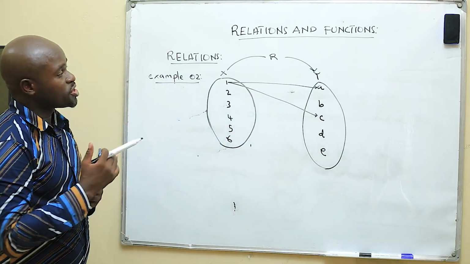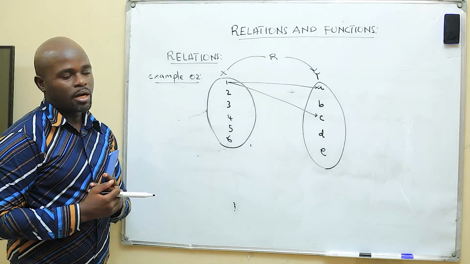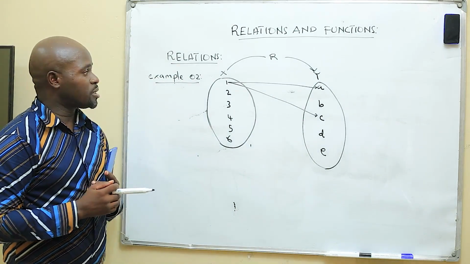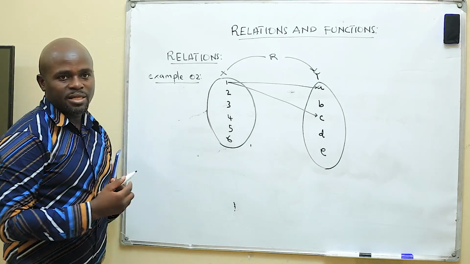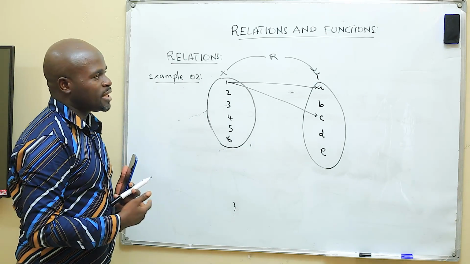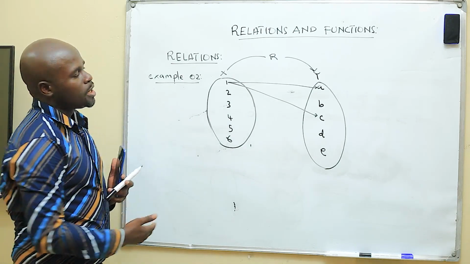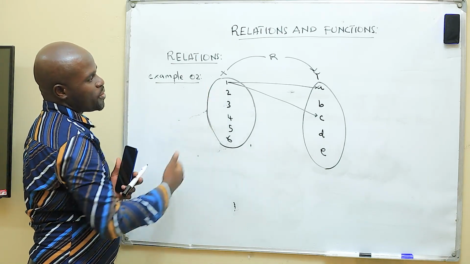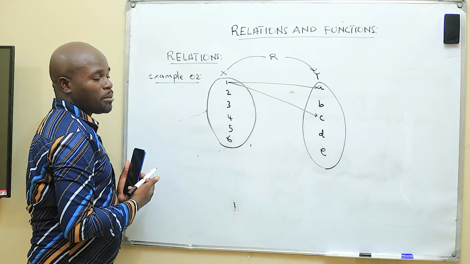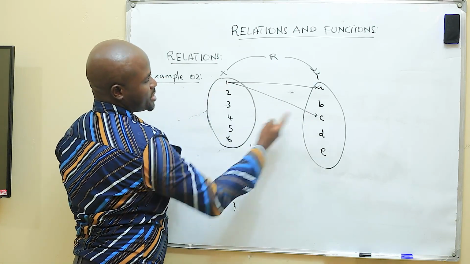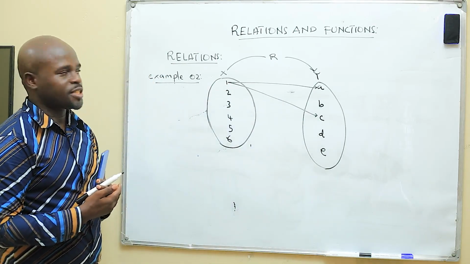Yes, this is possible in relation. As we said in the definition of relation, one element of the first set can relate with more than one element of the second set. So an element of the first set, which is 1, can relate with A, but also number 1 can relate with C. That is possible in relation.